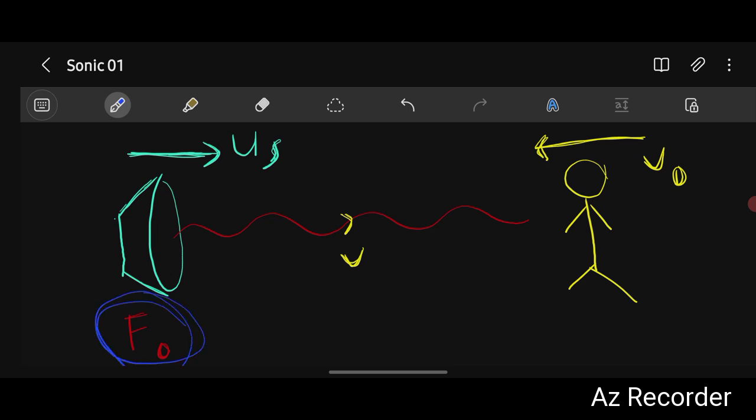This is the original frequency emitted by the source, and the variation of this frequency is what is heard by an observer, due to the relative motion of the observer.